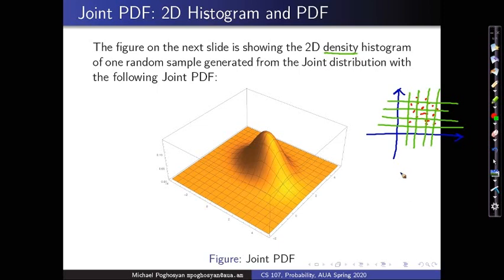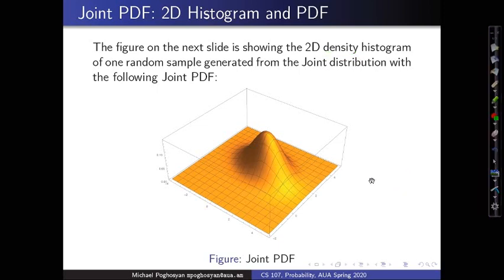Let me show the 2D, in fact 3D. Sometimes people talk about 3D because the histogram will be in 3D, a 3D density histogram for this. The idea is the following: if I generate points, mostly my points will lie here, so the shape of the density histogram will repeat this shape.